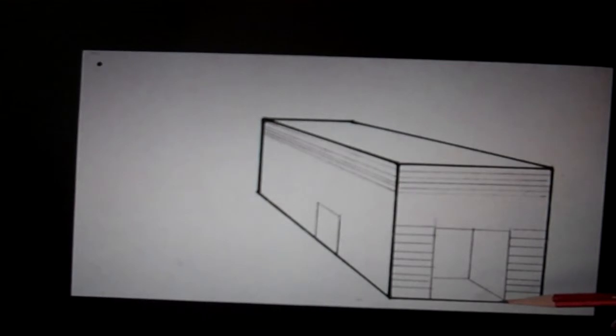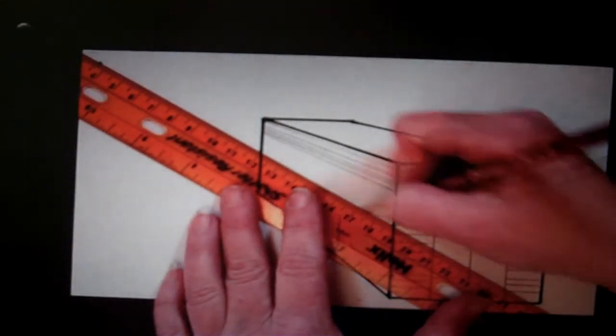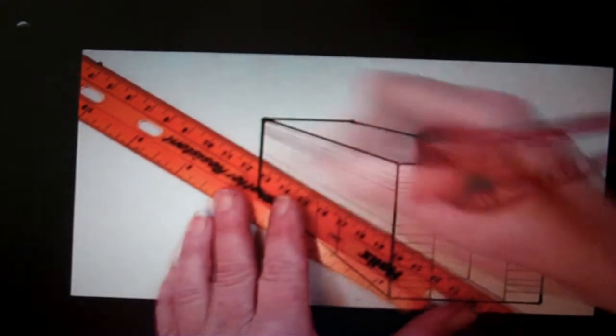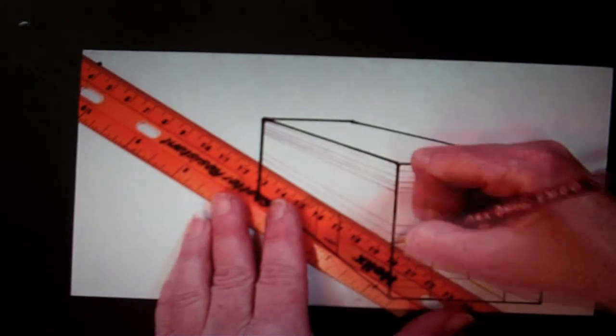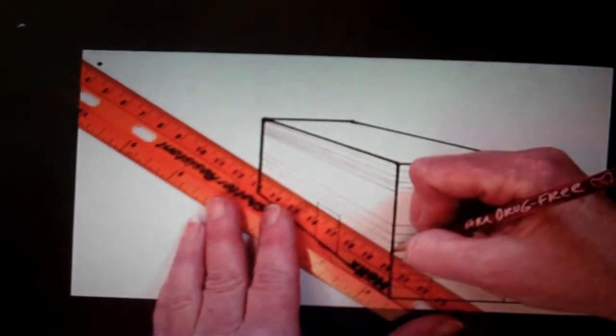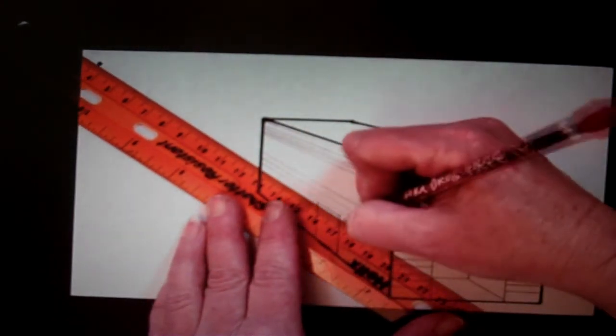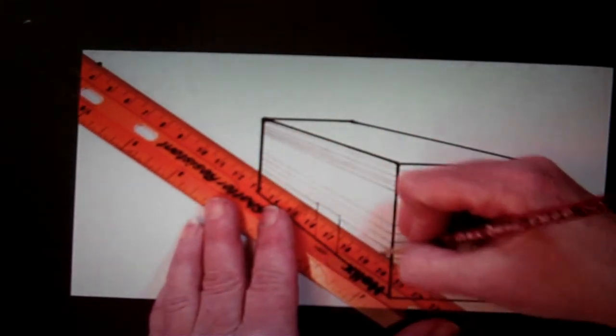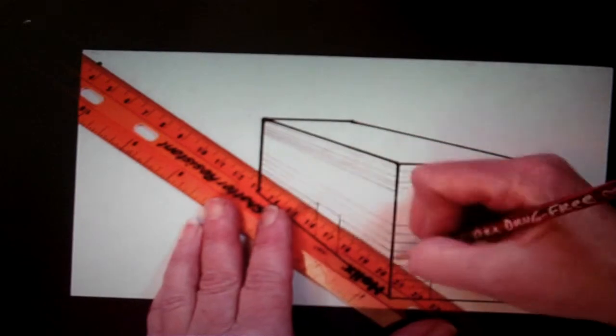You get that? Okay. So it's easier to just do it all the same on each building. So make sure you're hitting the vanishing point. Because if you don't, that's one of the problems. If you have too big of a vanishing point, you don't know exactly where you're going.